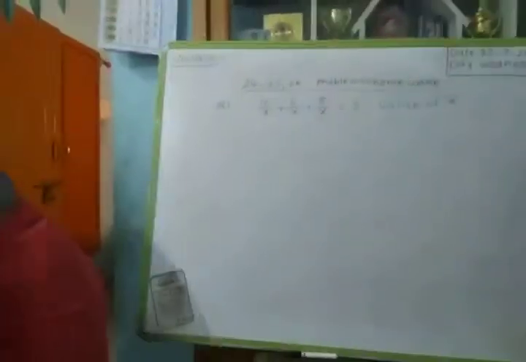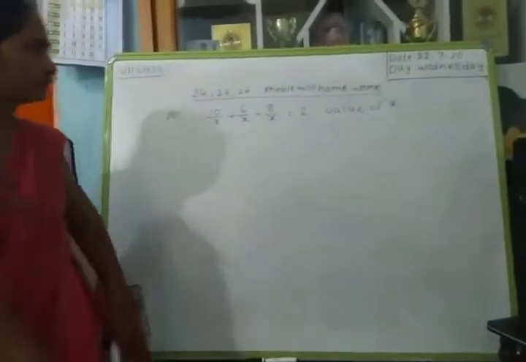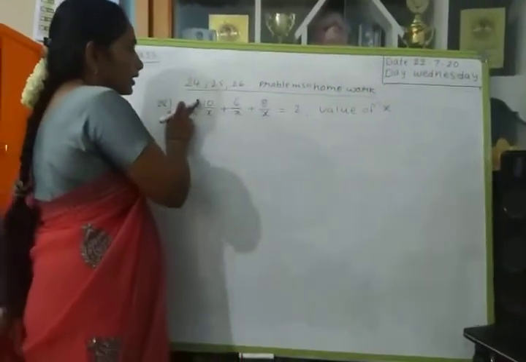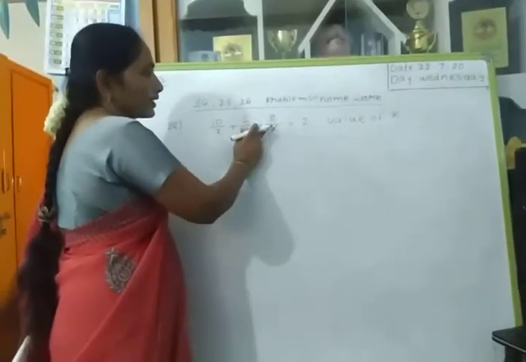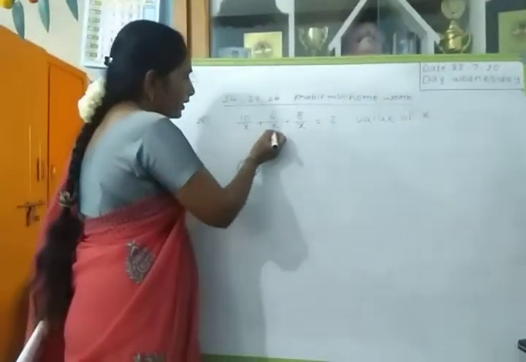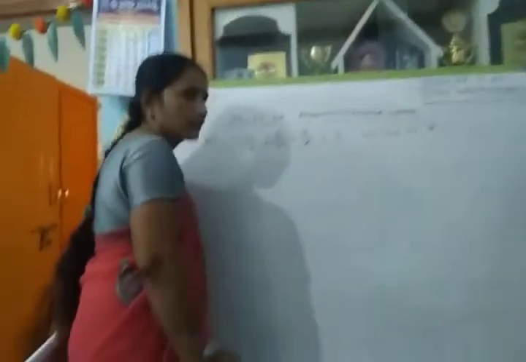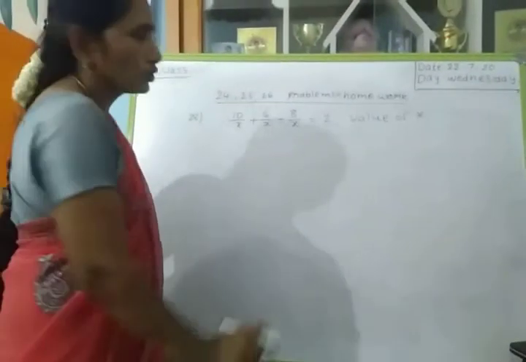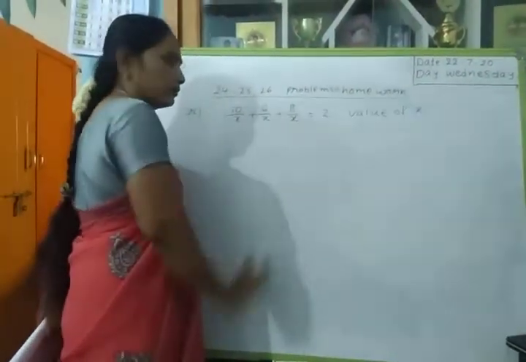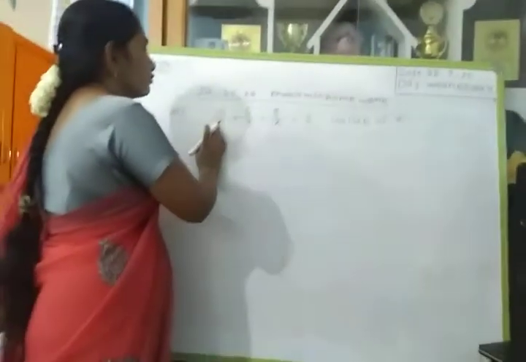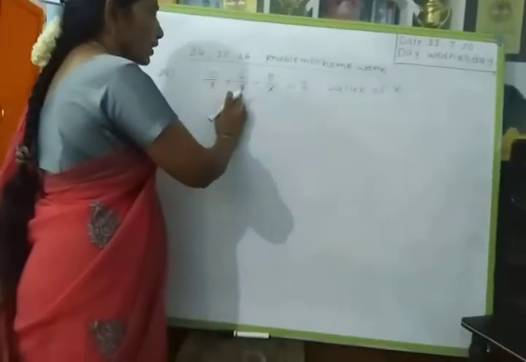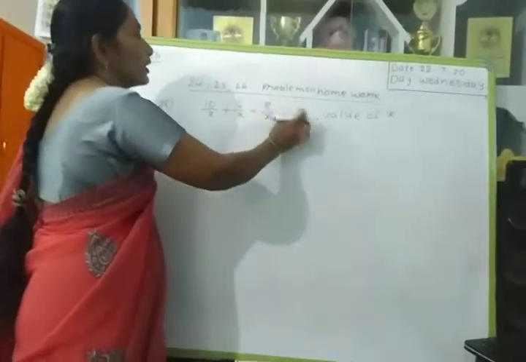Here we have to go through the options. See what they gave: 10 by x, 6 by x, 8 by x. Observe the denominators: all are x, means like fractions. So the x value is the same. Which value, if you place it in x's place, gives the result 2?